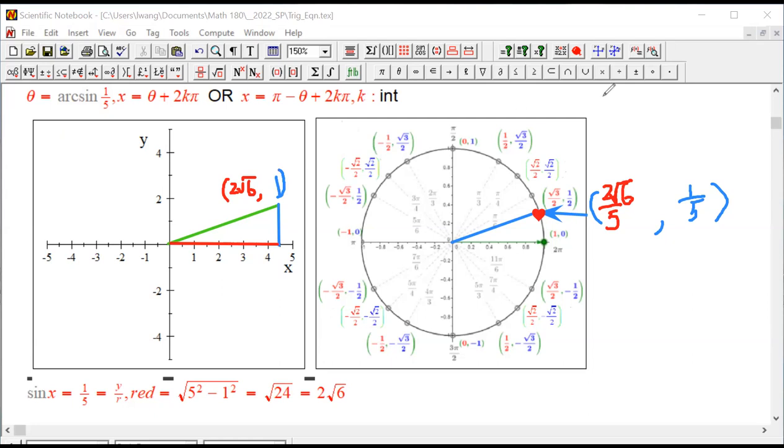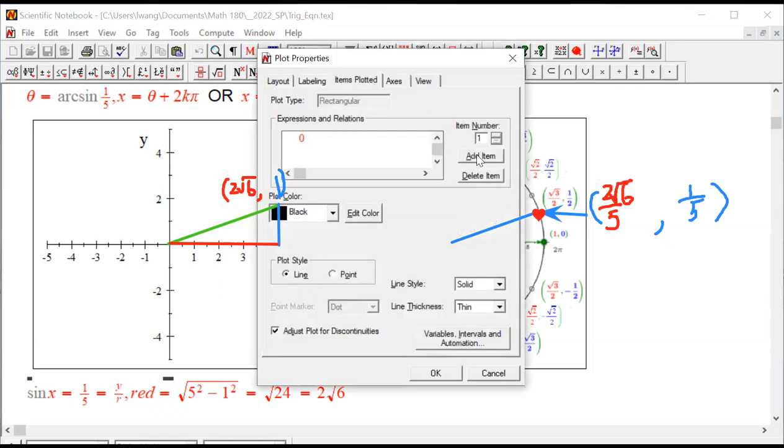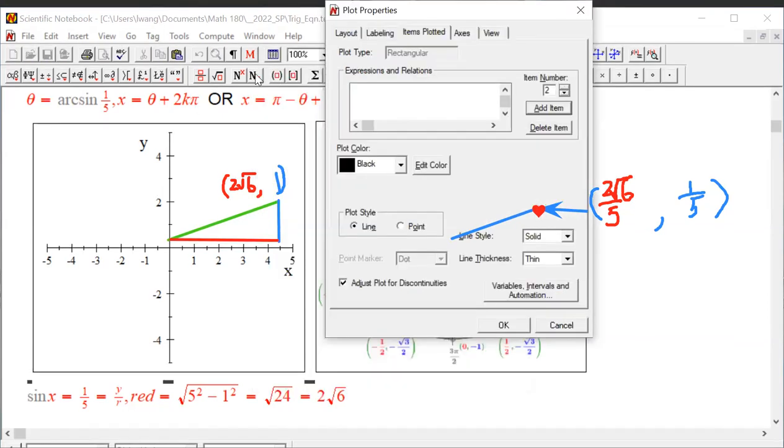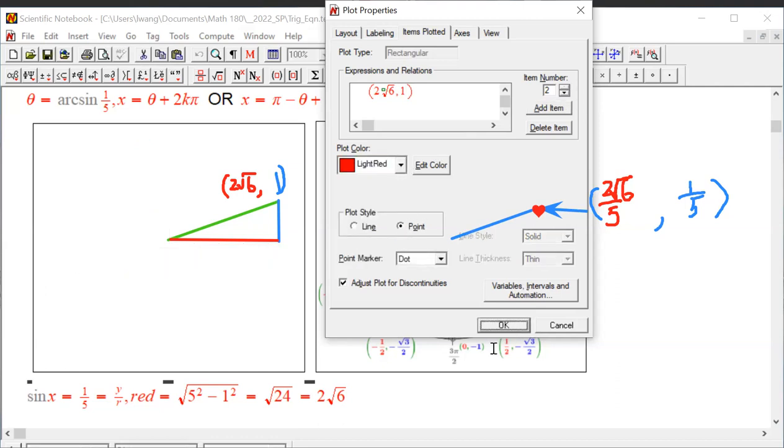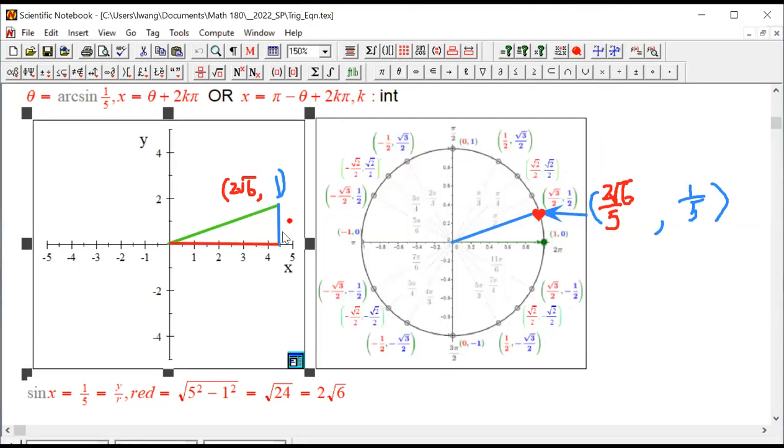Now if I mark that point on the unit circle, that's 2 times √6, comma 1, and that's the dot there. My drawing is not that perfect because I didn't have precise scales.